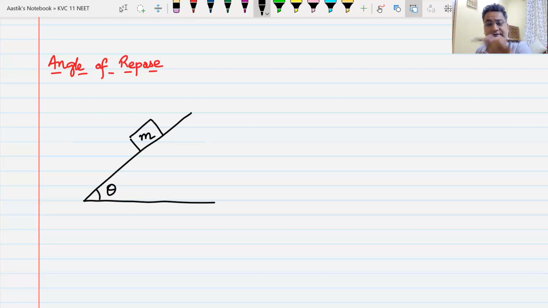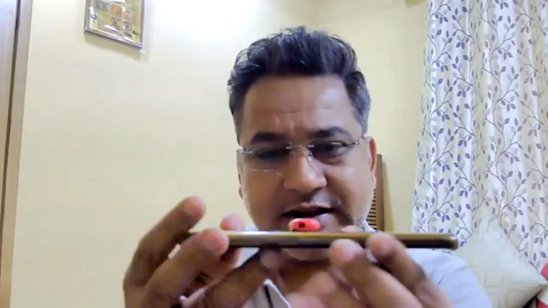If this is your incline, and this is your stuff, it's kept here. I hope you can see this. Now, when the incline is horizontal, nothing happens.